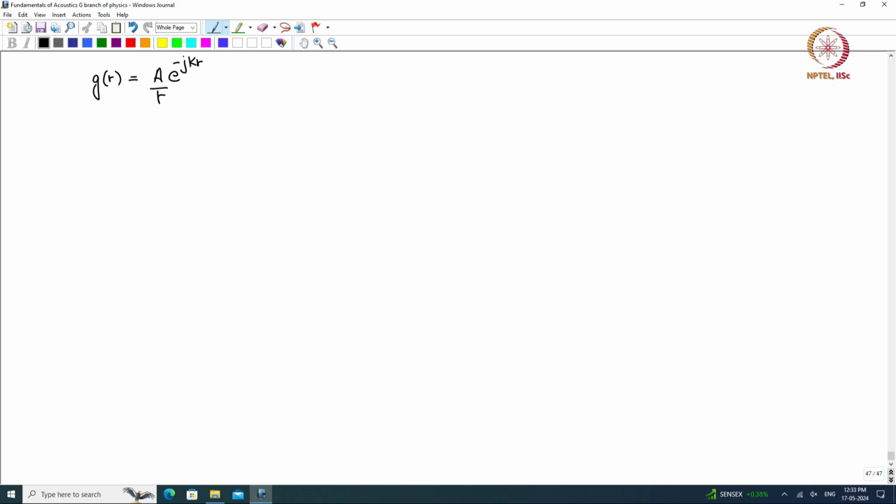And now I will put it into this equation, del squared plus k squared, of A over r e to the power of minus j k r, is equal to minus delta of r. Using this equation and using the properties of the delta function in an integral sense, we will have to find the value of A. That is the unknown. In here, A is unknown.